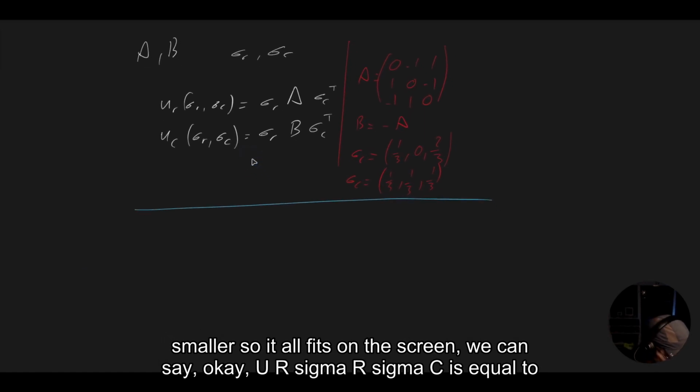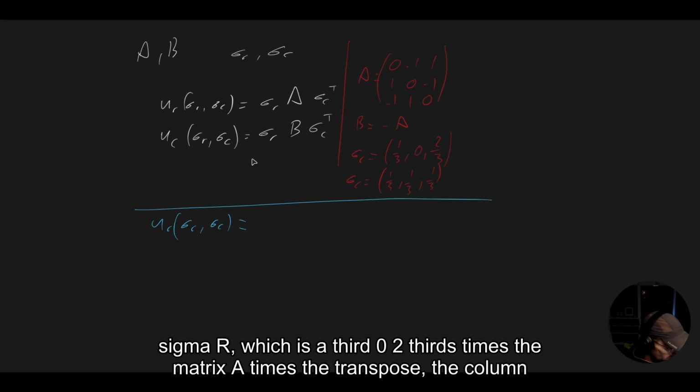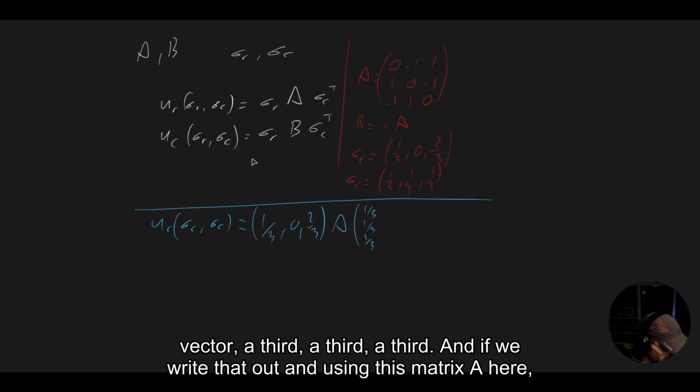We can say, okay, U R of sigma R, sigma C is equal to sigma R, which is a third, 0, 2/3, times the matrix A times the transpose, so the column vector a third, a third, a third.